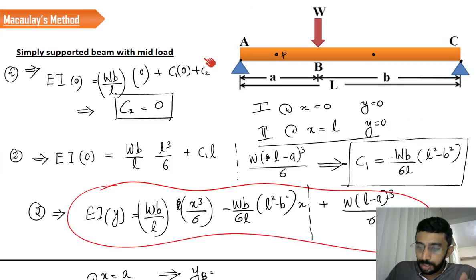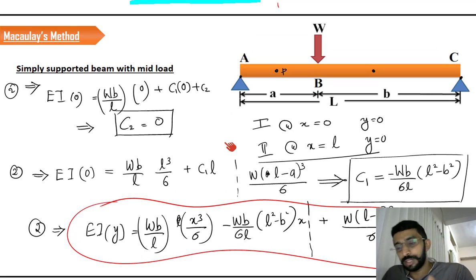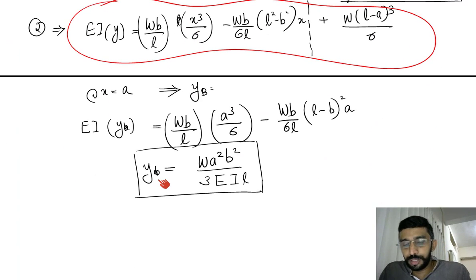Now some interesting fact is there which we will solve later: how can we find the location of maximum deflection? Here, even though we have found the value of deflection at B, that may not be the maximum. The maximum is located at some different location, because we are not sure where it is located.